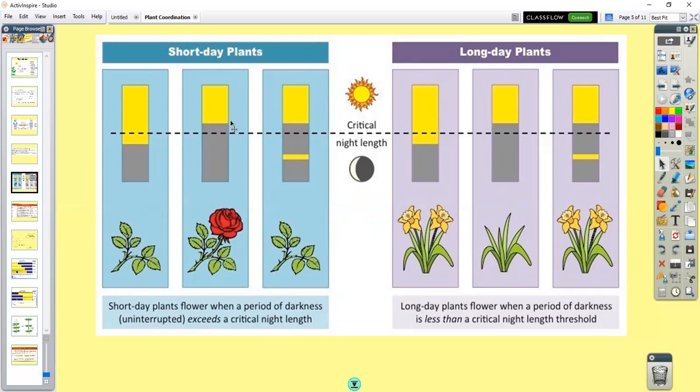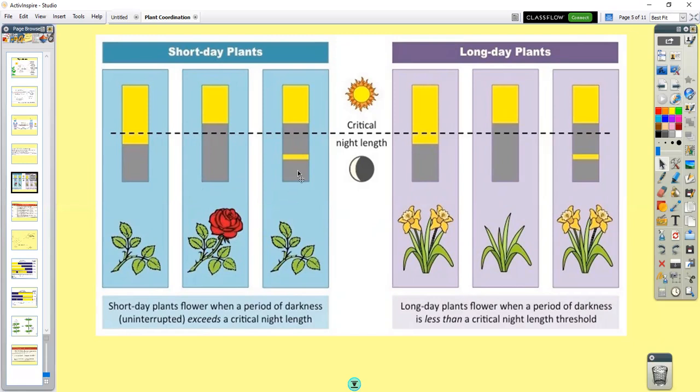This one, shorter day, so P660 converted to P730. We have a long period of darkness here, so that would allow the levels of P730 to drop below that critical value, which means that it removes the inhibitory effect and therefore does bring about flowering.